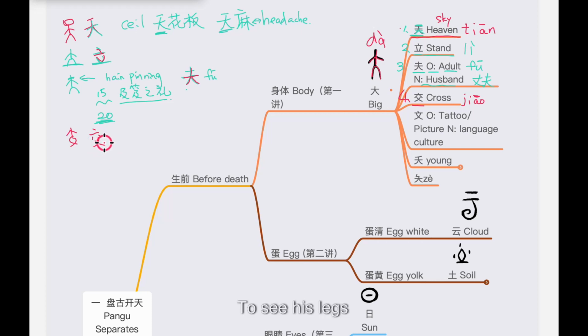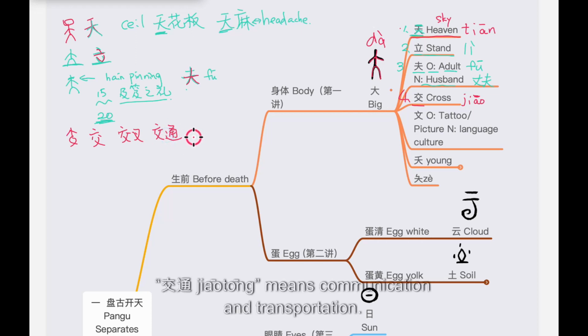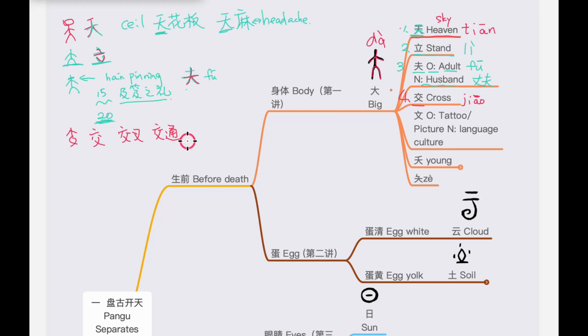You can see his legs go like this, crossing. Like in 交叉, which means cross. 交通 means communication and transportation. 交, a person with his legs crossed.